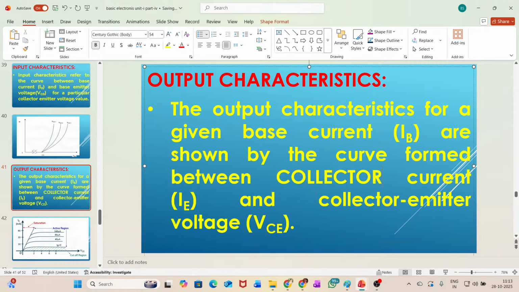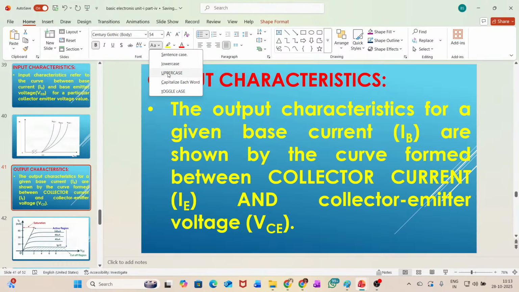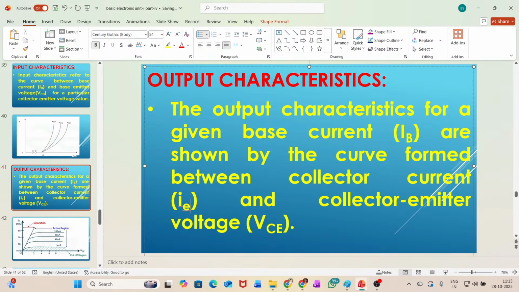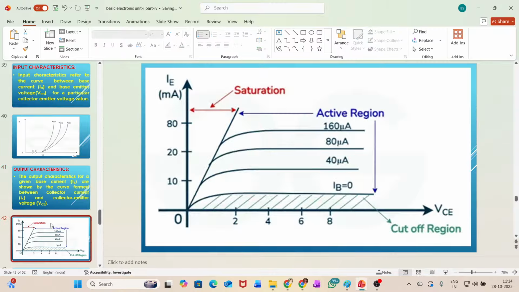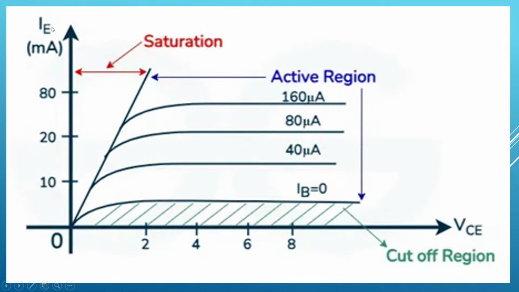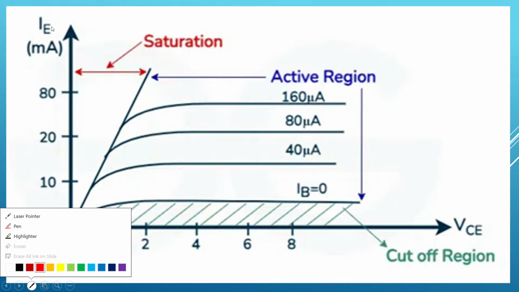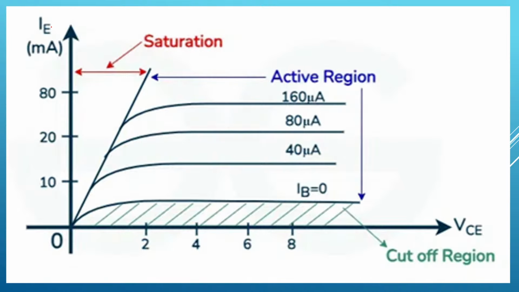So in the diagram there is a mistake here. This is IC, not IE. These are the output characteristics. There is a print mistake. This is IC.